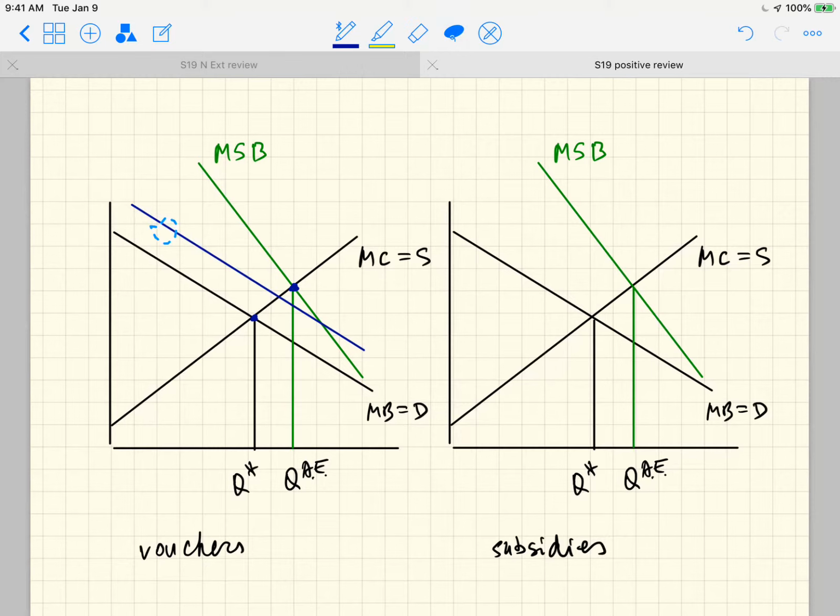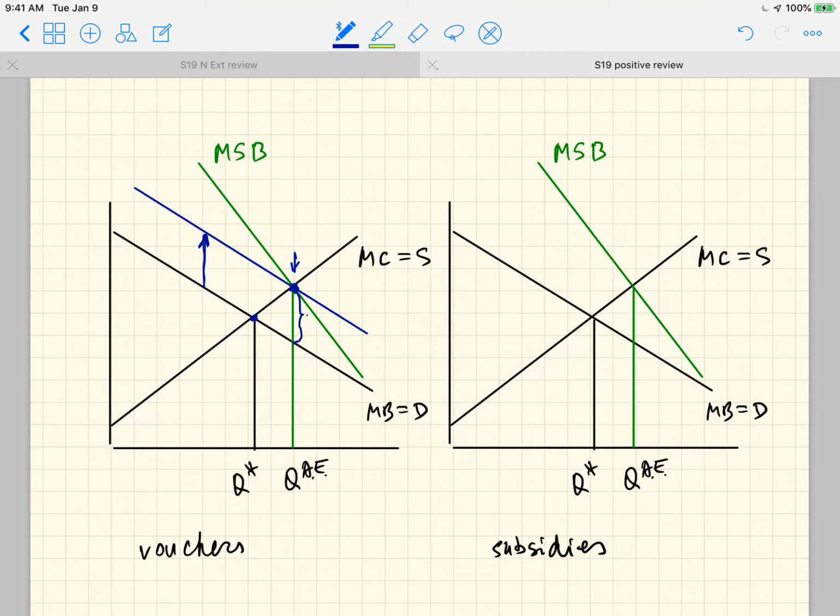So we need to grab it and push it up until we reach this point. All right, and you actually can see, hopefully, by looking to this diagram, that the amount of magnitude of this shift is exactly the same as this distance.